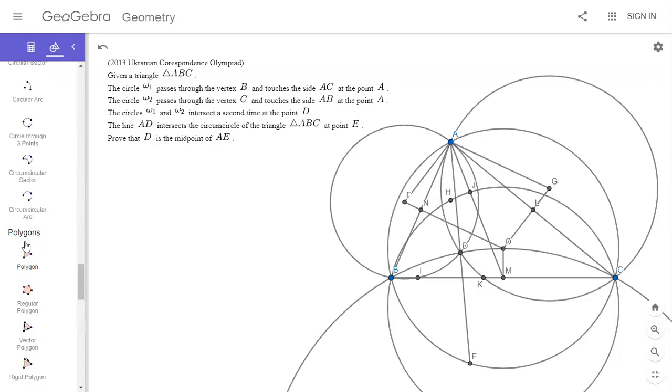I'm wondering maybe the radical axis theorem. Let's see. Can we show AOND is cyclic?